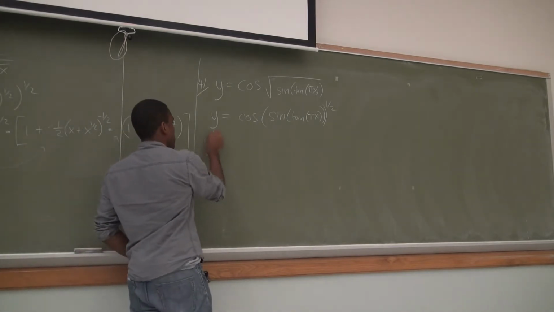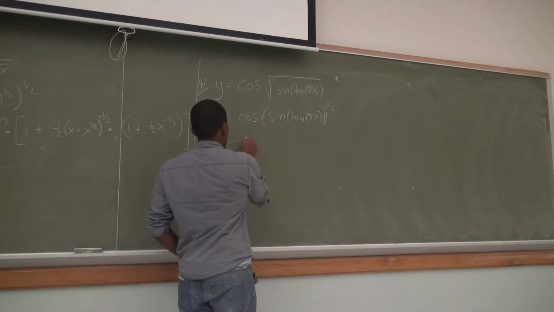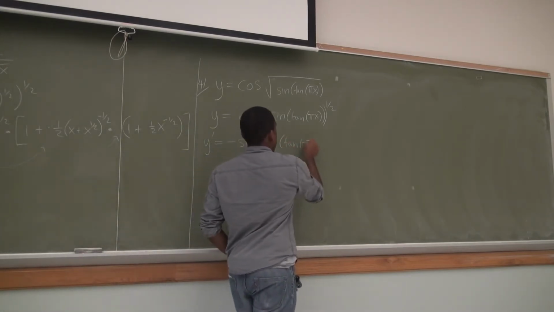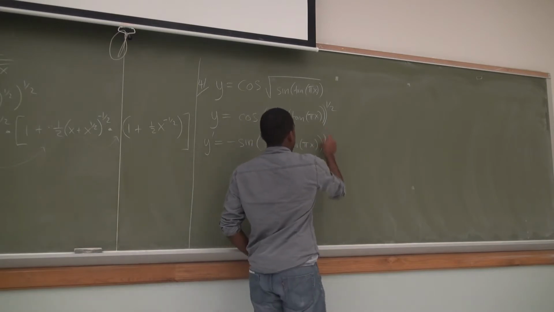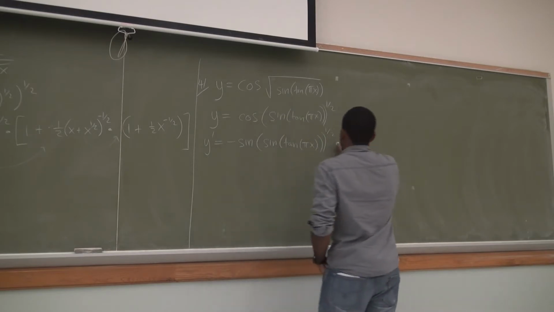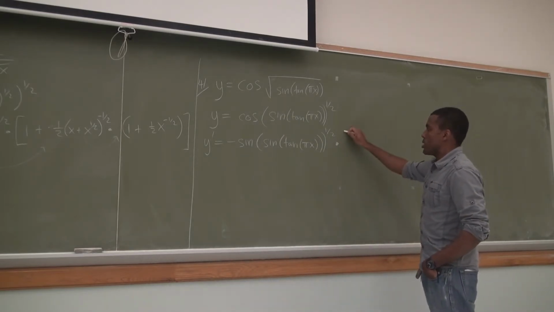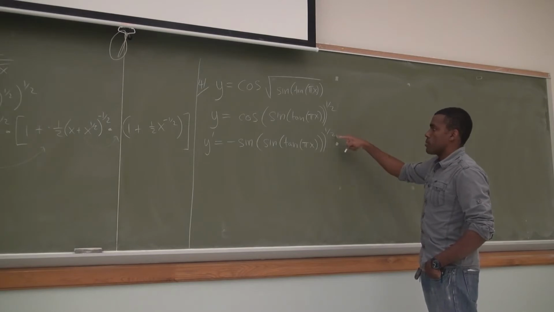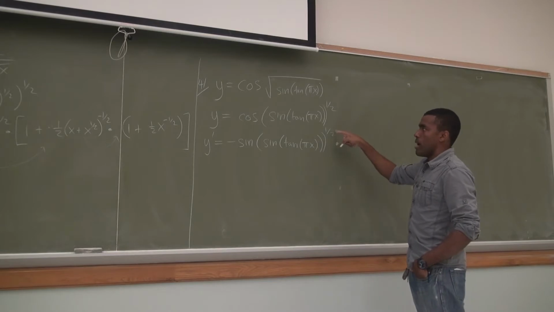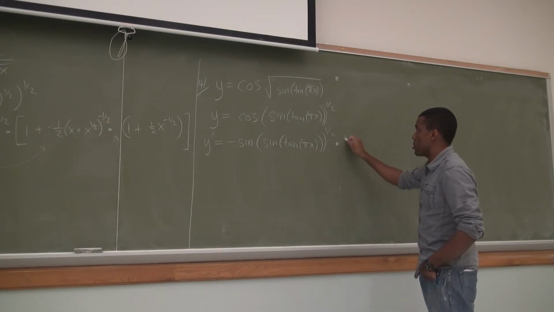So now, derivative of cosine is minus sine of all of this, times the derivative of all of that. The half is the outside power, the outside function. You're going to do the power rule.